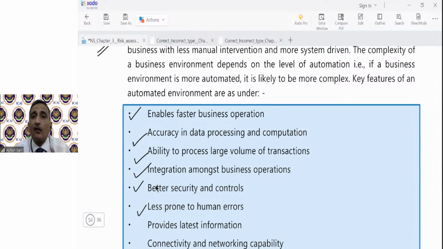Like in the case of a manufacturing company, between purchase, production, sales, everything gets integrated and comes on the same platform, and it gives the management a clear bigger picture, a clear overall view. Okay, so these are some of the advantages of an automated environment.